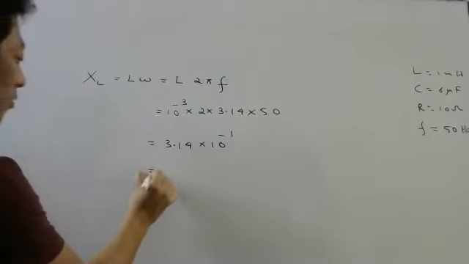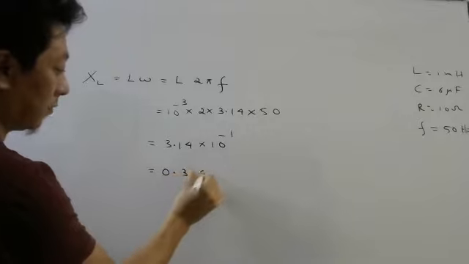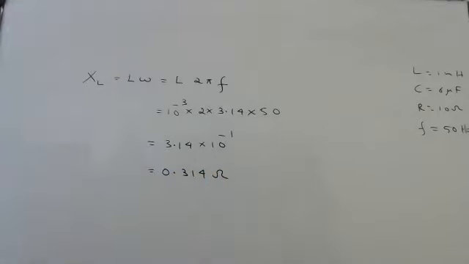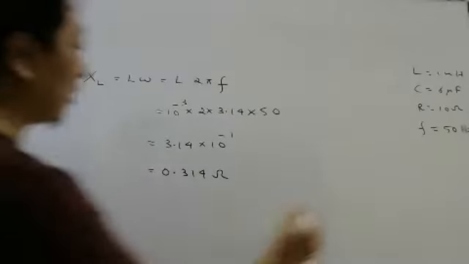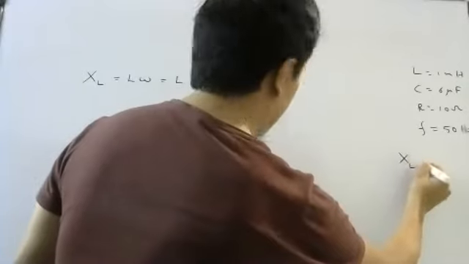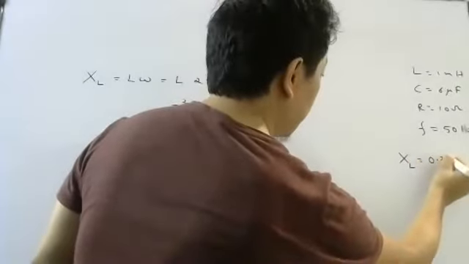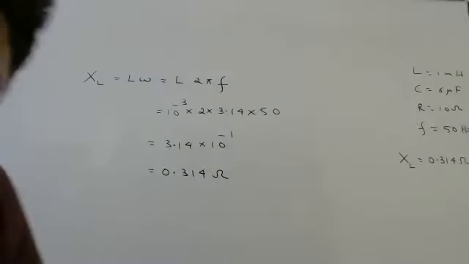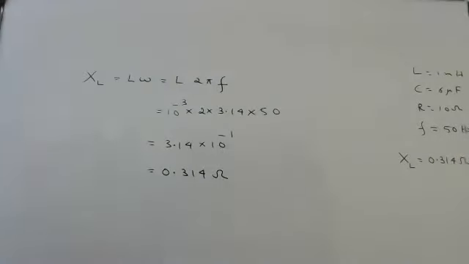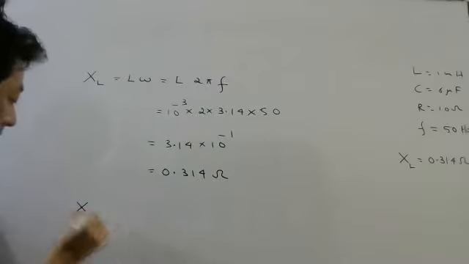So it will be 0.314. Check once, students, all of you. Is this correct? Okay. So this is your inductive reactance. Let me write it down here. After we calculate inductive reactance, then we have to calculate capacitive reactance.